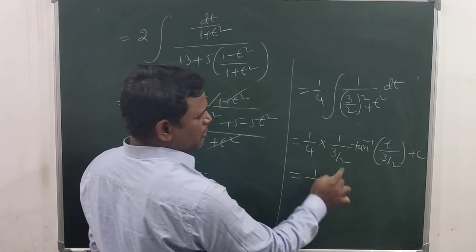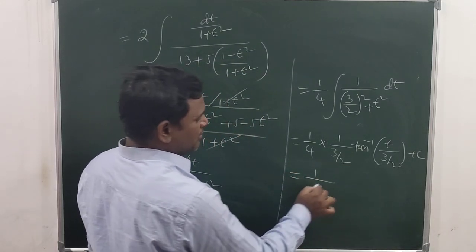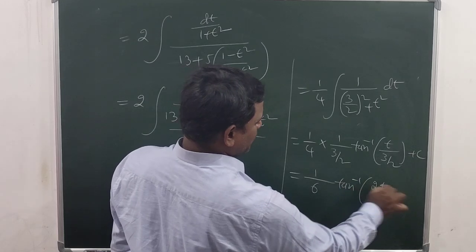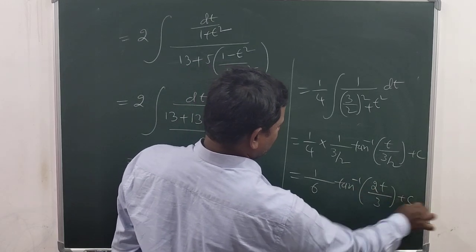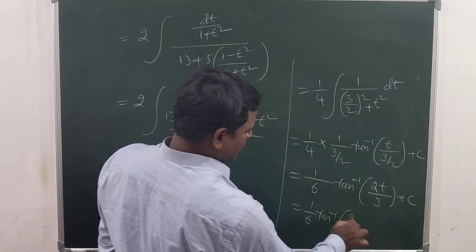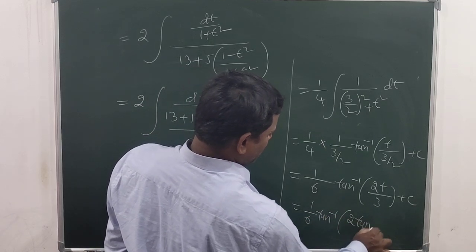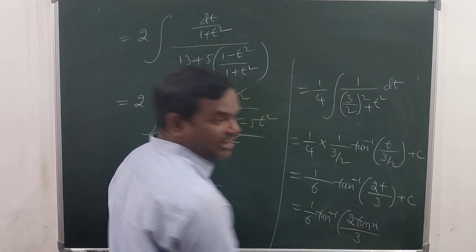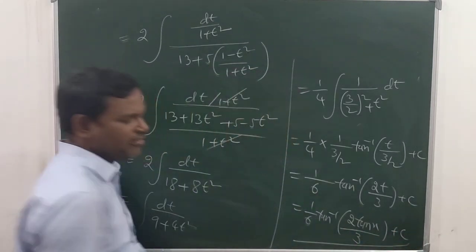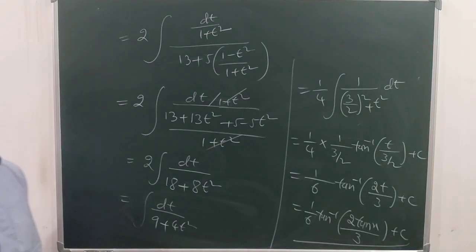Now how much is this? 1 by 6 tan inverse of 2t by 3 plus c. So 1 by 6 tan inverse of 2 into t by 3. Here the t value is tan x, not tan x by 2. Tan x plus c. This is your required result for the given integral.